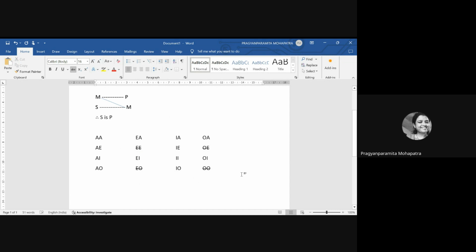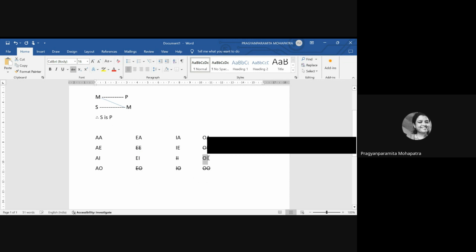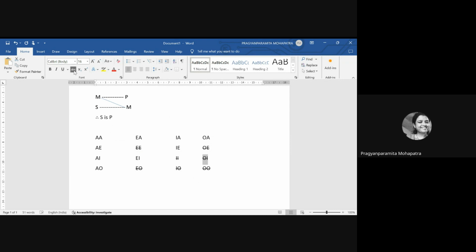Then, if both the premises are particular, then also no conclusion follows. So we have to reject II, then IO, then OI.